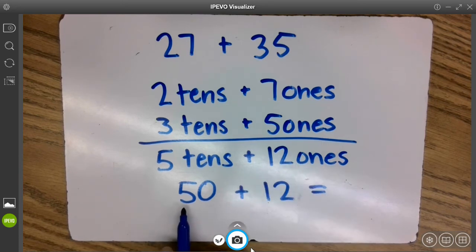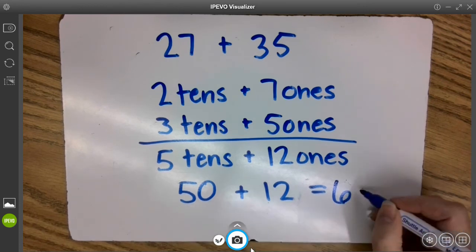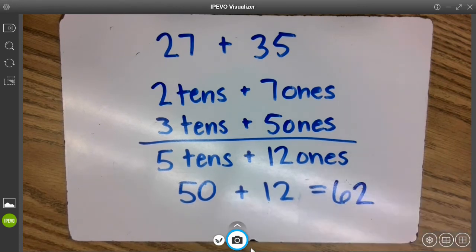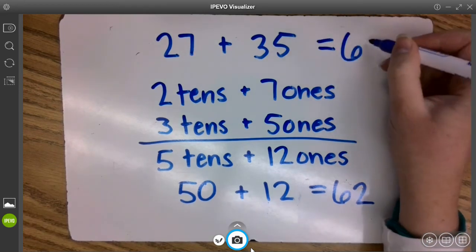But this 50 only has tens. So if I have 1 ten and I get 5 more tens, I'm going to have 6 tens, and then we keep the 2. Just like we practiced adding tens on the hundreds chart recently. Okay. So I got to 62. So 27 plus 35 equals 62.